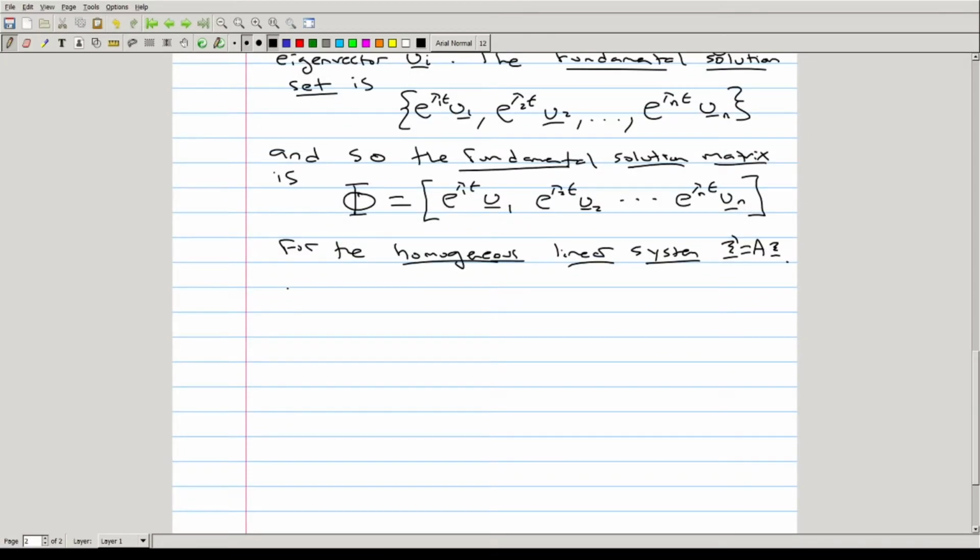And all we need to show here to prove this is that the Wronskian is non-zero.